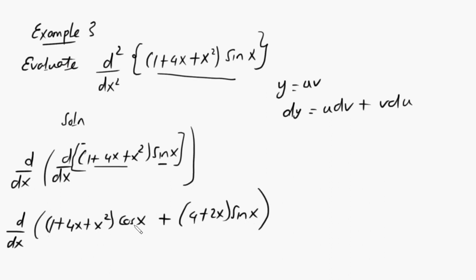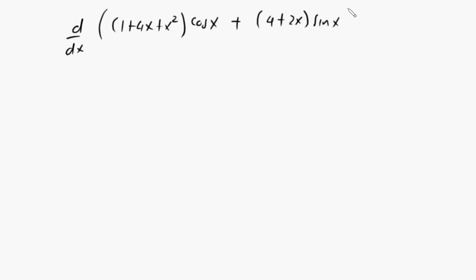And then I have to differentiate this one now. We have 1 plus 4x plus x squared times cos x, plus 4 plus 2x times sin x. So I have to use the product rule here and the product rule here, because both are a product of two functions.